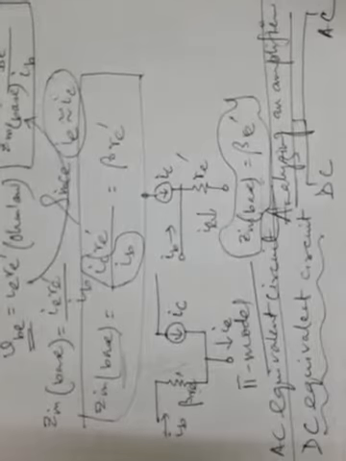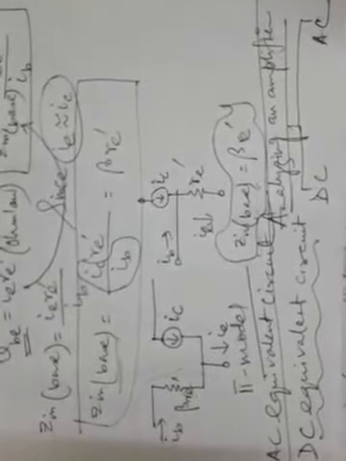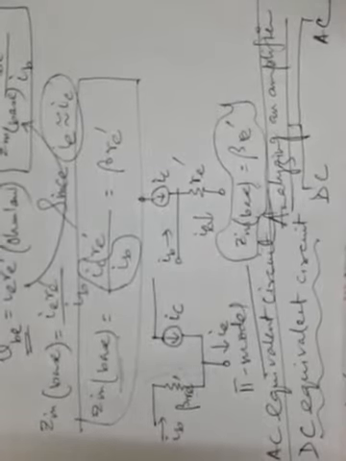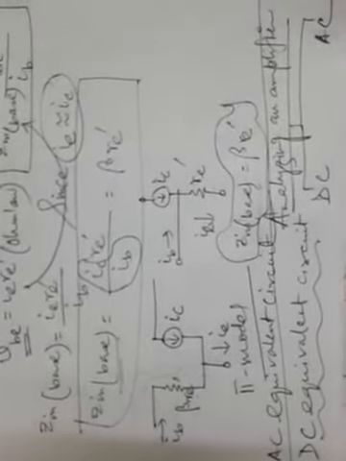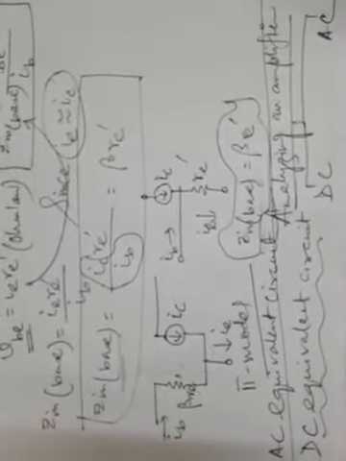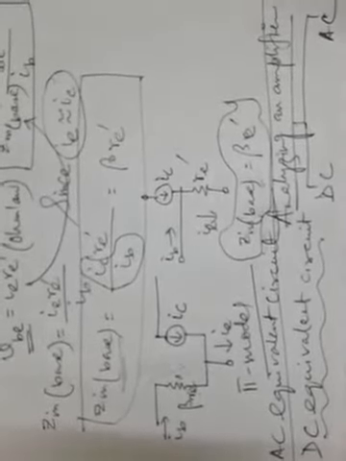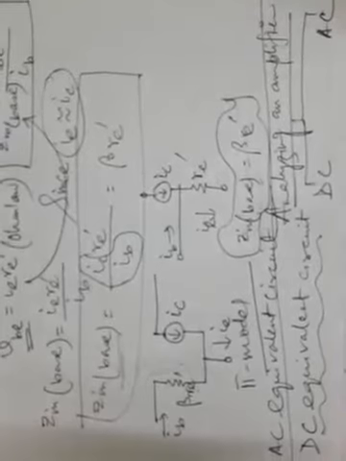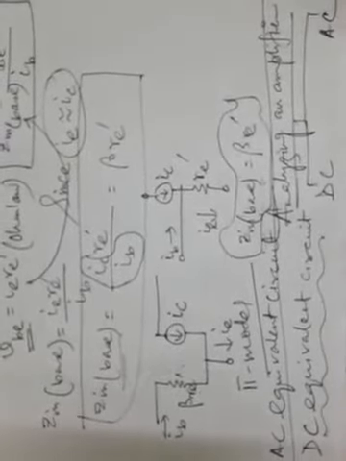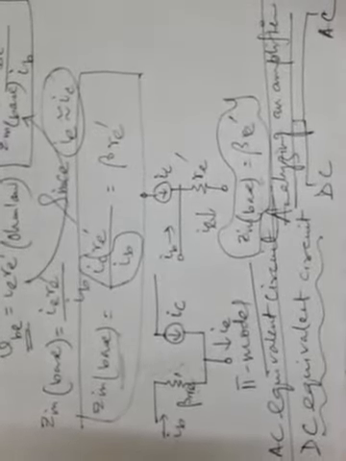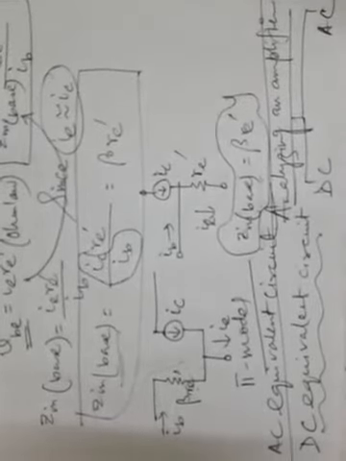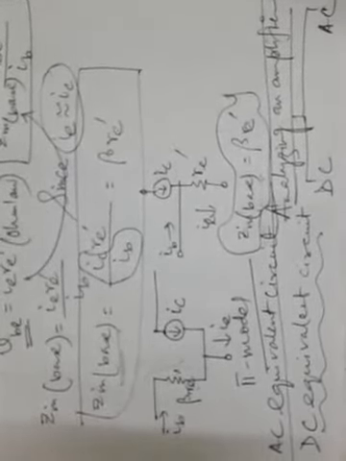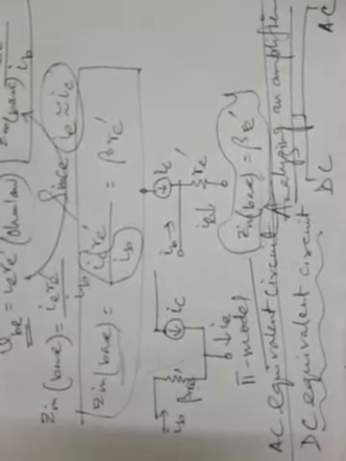So due to the presence of the capacitor there will not be DC signal flow, therefore the capacitors are considered to be working as an open circuit. They are visualized like that, and based on that the DC equivalent circuit will be drawn. With the DC equivalent circuit you can calculate the transistor currents and voltages as required, and if you are doing some troubleshooting then you can get some approximate answers.